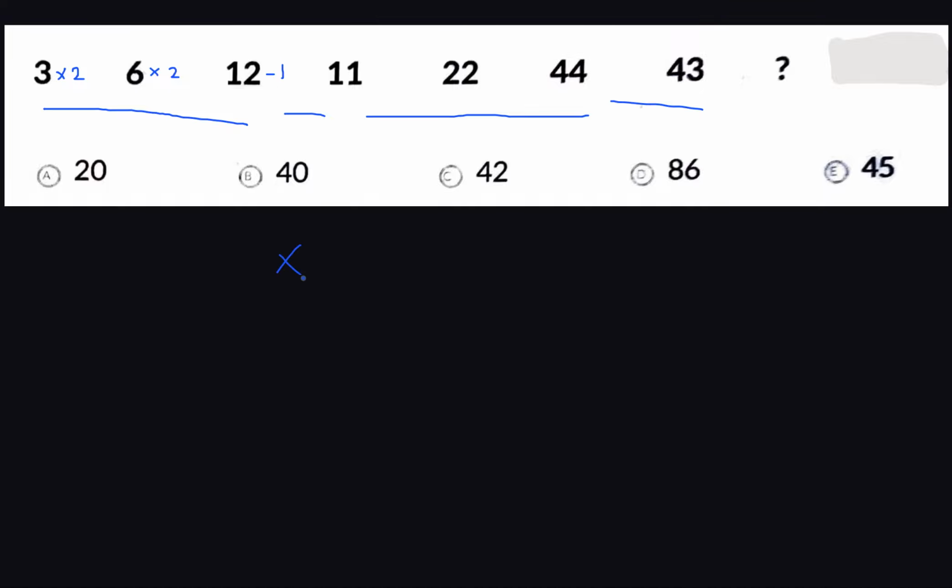So the pattern that I have now is multiply by 2, minus 1. Let's see if that works. Multiply by 2, minus 1. It works. So if I have to repeat that pattern, I should be multiplying by 2 here. 43 multiplied by 2 is 86, and that's my answer.